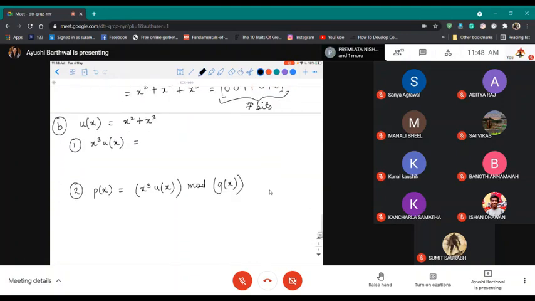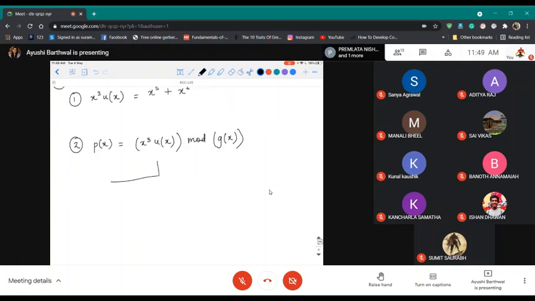So you have to multiply ux by x cube. It would be x5 plus x6. In the next step, you have to divide it by gx, and gx is 1 plus x cube, so it is x cube plus x plus 1, and x cube ux is x6 plus x5.